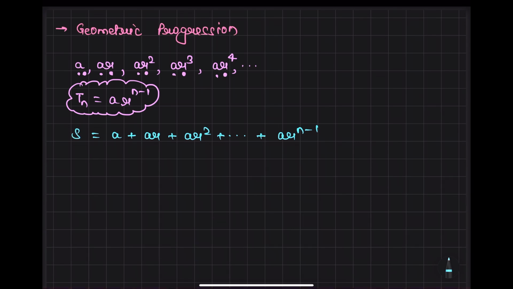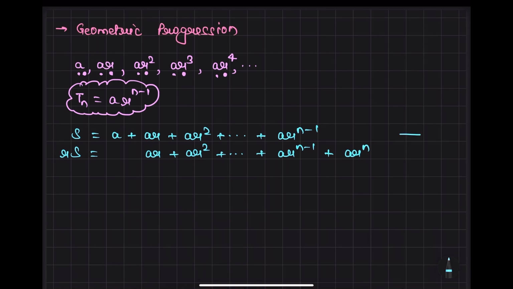Suppose we multiply by the constant r throughout the series. So rs becomes: a becomes ar, ar becomes ar square, and so on up to ar to the power n minus 1 plus ar to the power n.